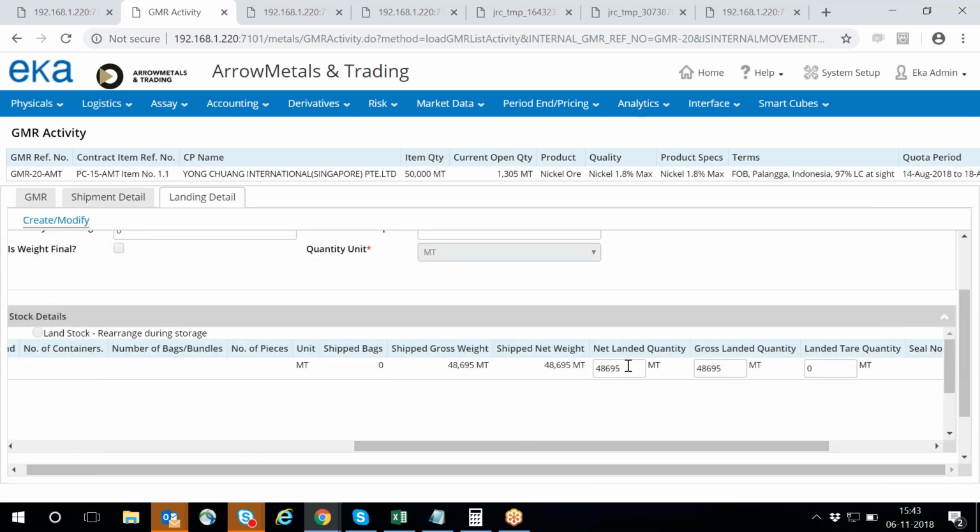So here the shipped quantity is 48,000. So say 600.